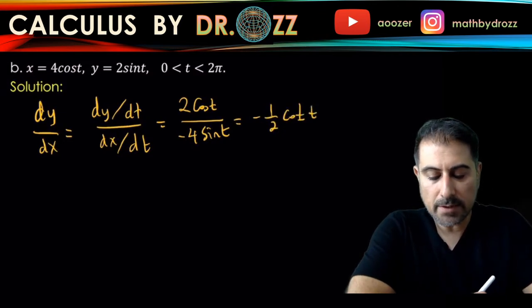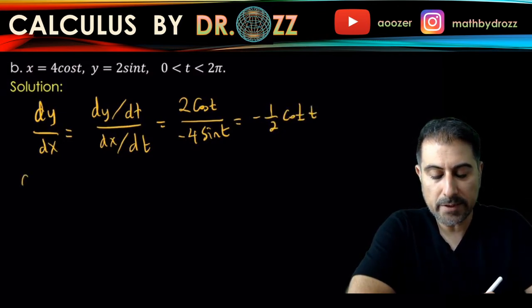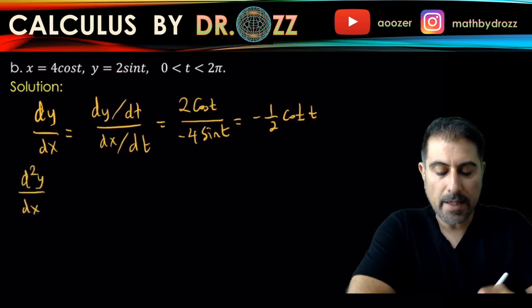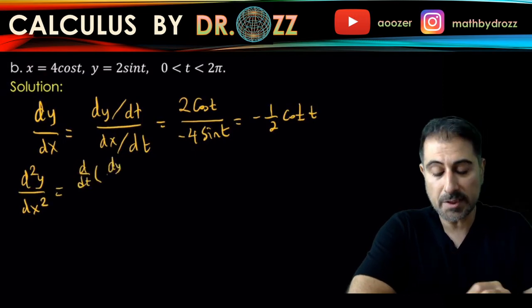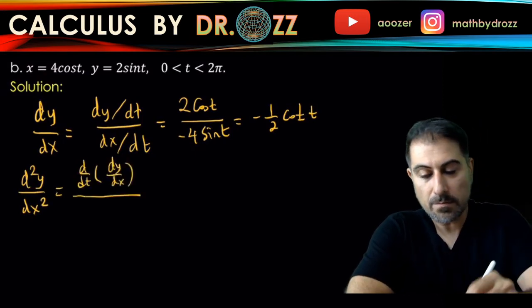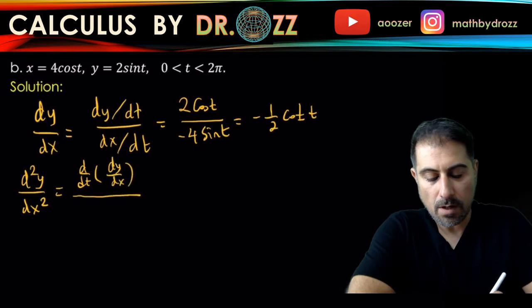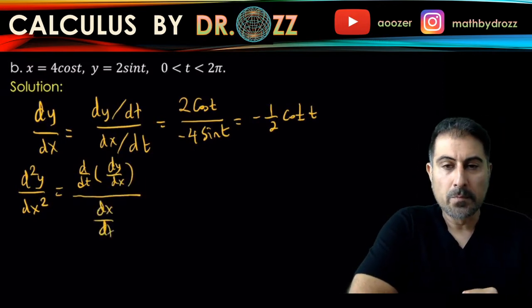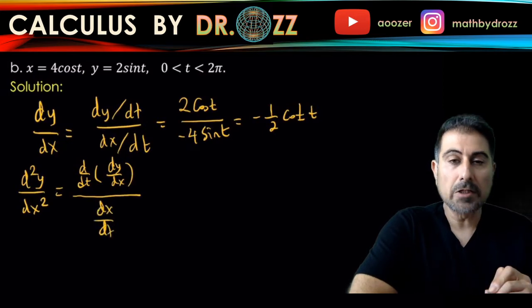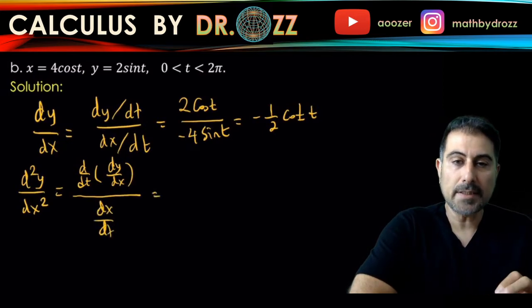So now let's look at d squared y over dx squared. Again, by using the formula, this is the t derivative of dy over dx divided by dx over dt. Go ahead and look at the derivative of cotangent t at the top.